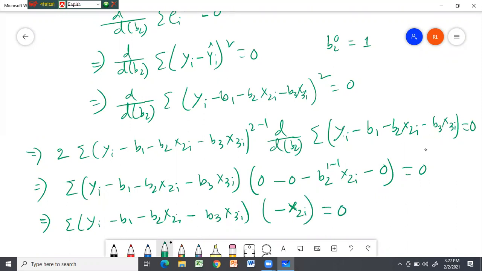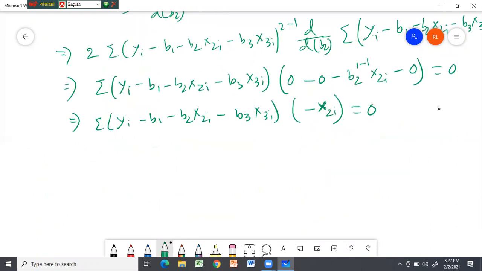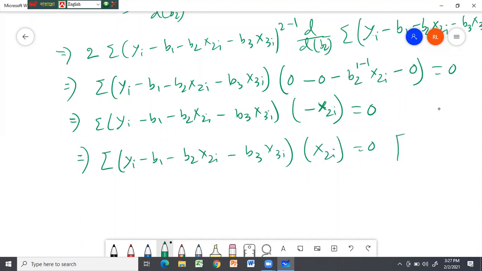And then just multiply it with your left side function. So actually now you have summation multiplied with this inside function, minus x2i will be multiplied with this. Minus x2i becomes plus x2i if you multiply both sides with the minus 1. Okay.